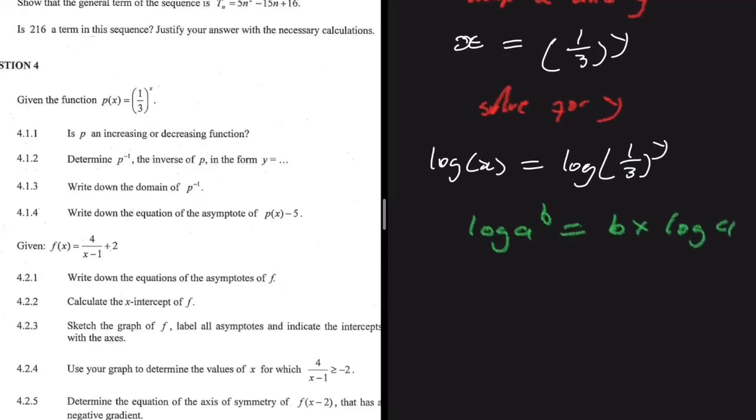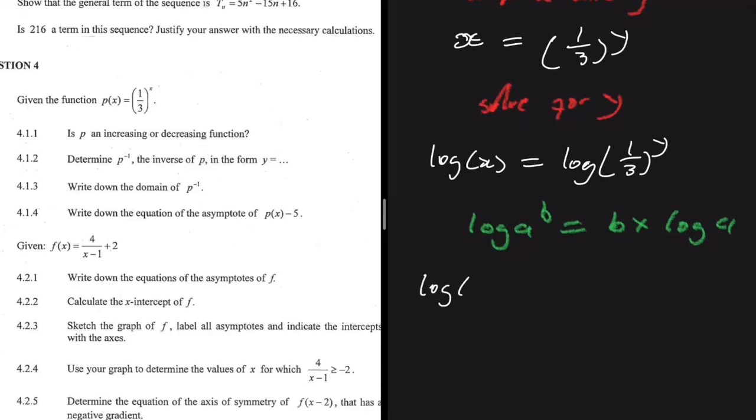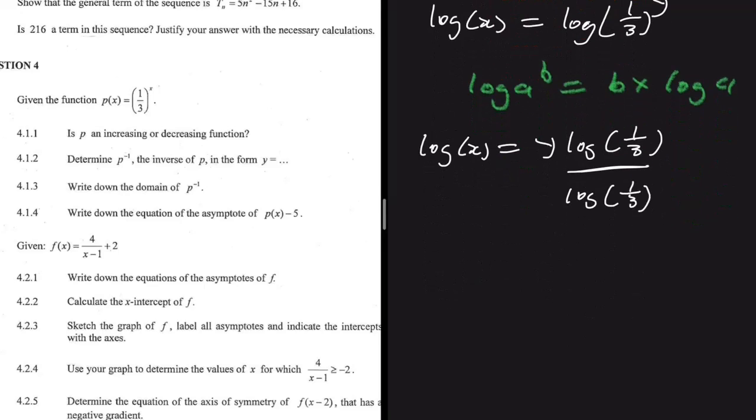So if we apply that idea right here, we're going to have log of x being equal to y log of 1 divided by 3. So we can divide both sides by log of 1 divided by 3 in an attempt to isolate y, right? If we do that, we end up having y equal to log of x base 1 divided by 3. And that is the inverse of P of x.